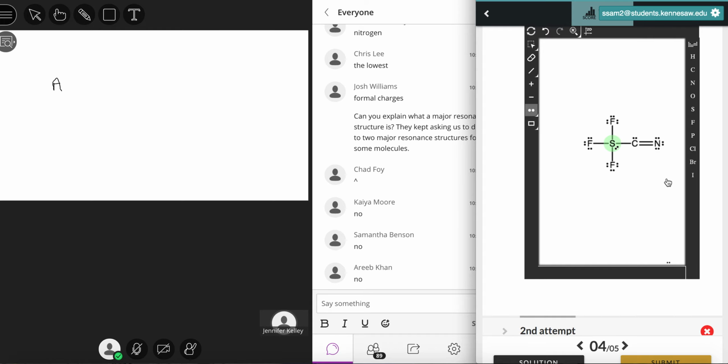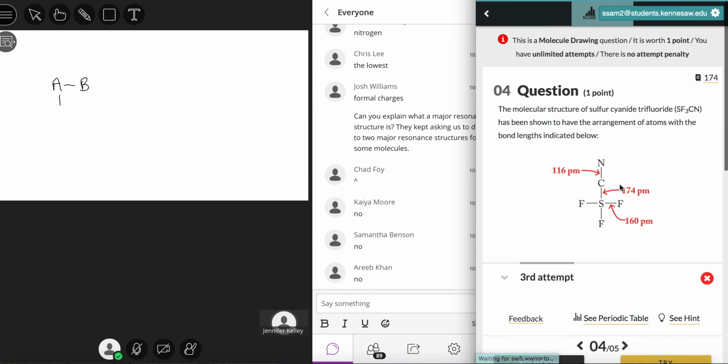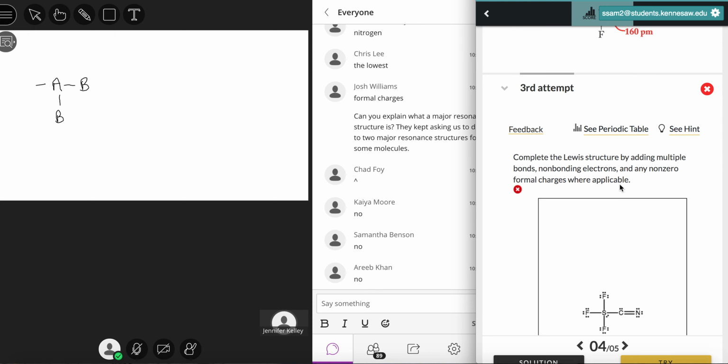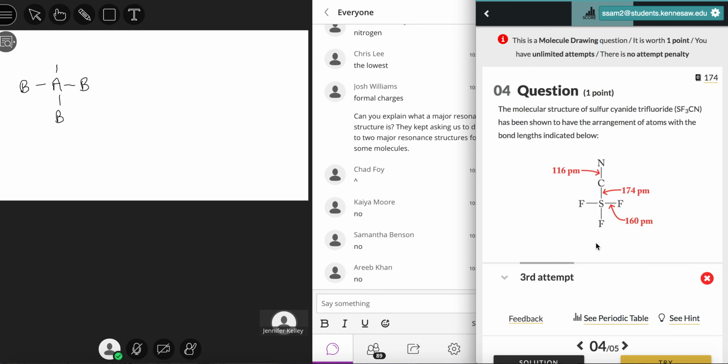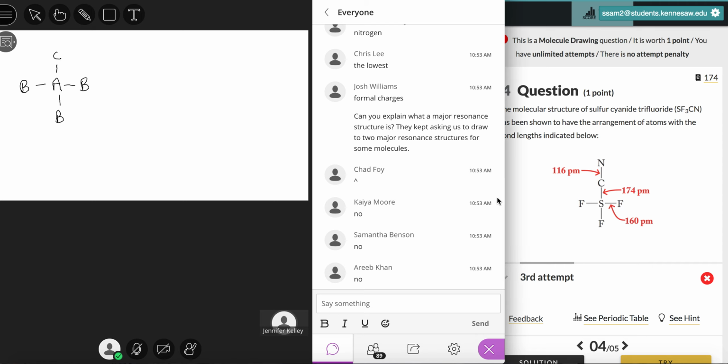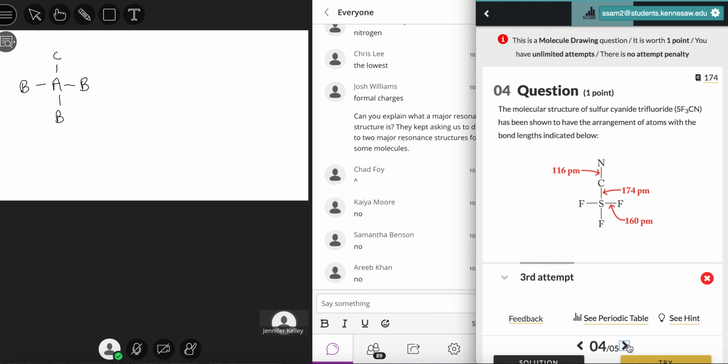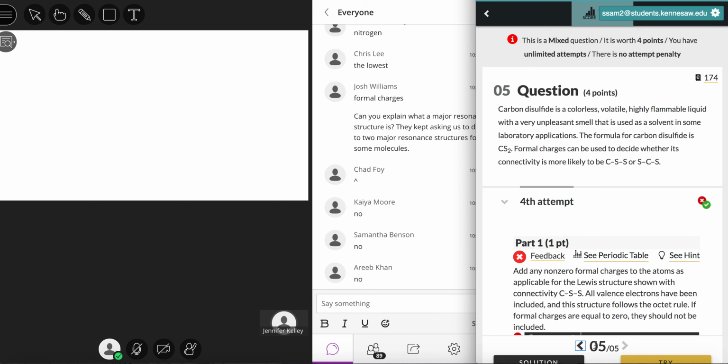We've got A, B, B, C. So when we're doing resonance, we would put a double bond on that, which is almost equivalent to doing this.